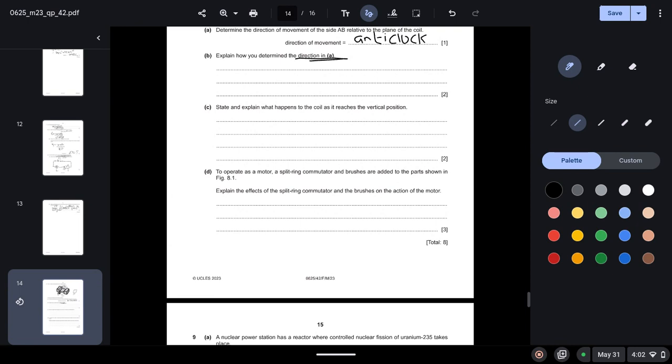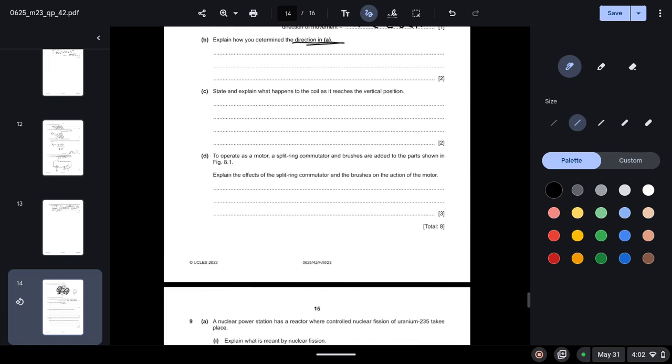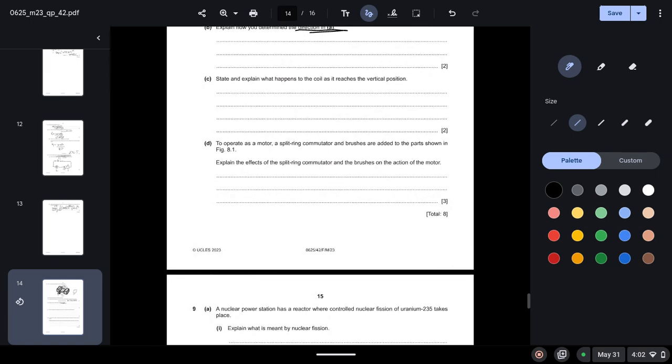The turning effect at that particular point is 0, and because of that it changes direction. So since it is 2 marks, you write 2 points. The coil stops at the vertical position. The coil stops. And the turning effect reverses.